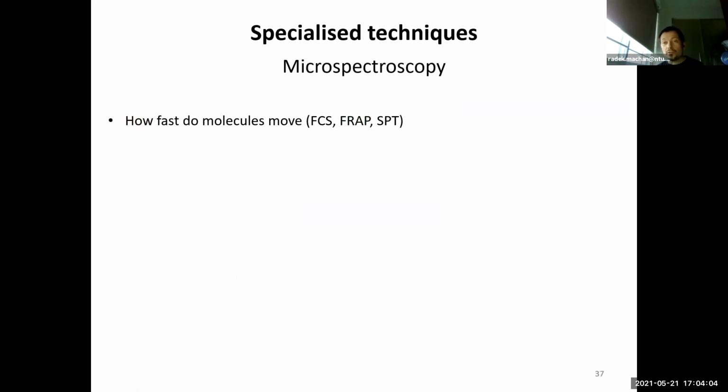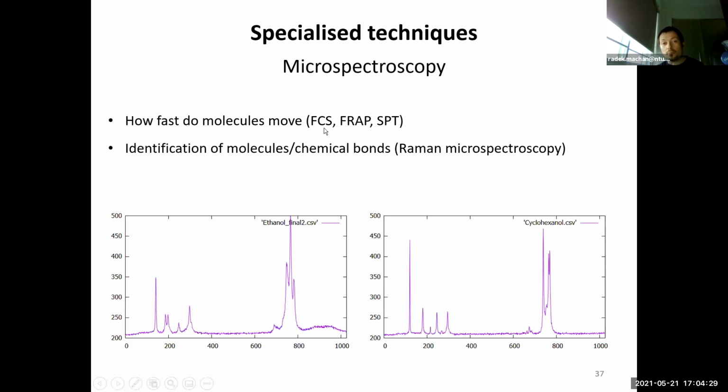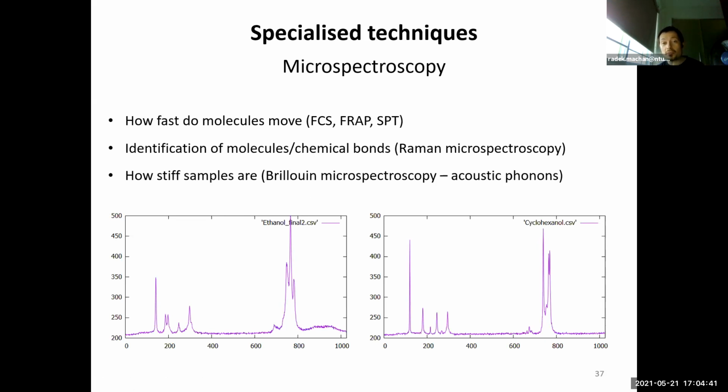Besides the actual imaging, there are all sorts of other things that can be done with the microscopes, for all sorts of microspectroscopies. For example, we can measure how fast molecules move by techniques such as FCS, FRAP, fluorescence recovery after photobleaching, single particle tracking, identify molecules or certain chemical bonds in molecules using Raman microspectroscopy, or Brillouin microspectroscopy to measure stiffness of materials.